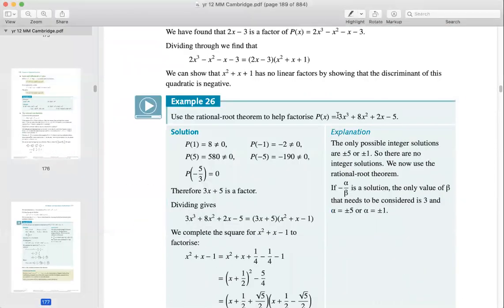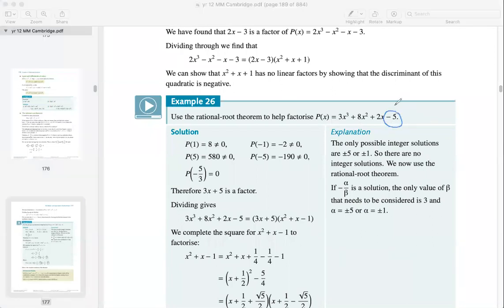Let's look at this one, same thing over here. So again, before using the rational root theorem, we want to find the factors of the constant, so plus minus 1 or plus minus 5. You try, you realize none of them are equal, so you have to use the rational root theorem, put 3 on the bottom, and you try plus minus 1 on the top, and plus minus 5. Okay?